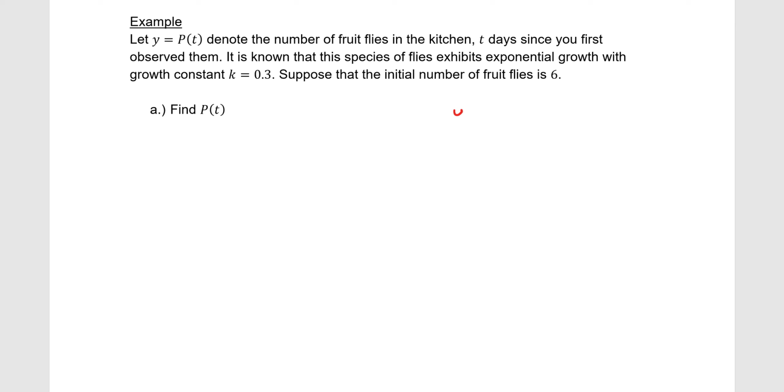So we have our usual differential equation, y prime equals ky, which gives us solutions y equals c e to the kt. So for this particular example, we know that y prime equals 0.3 times y because we're given k is 0.3.